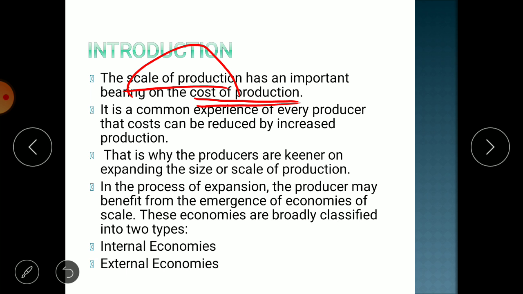So what is the crux of this discussion? When you are producing more, your per unit cost of production is decreasing. I am not saying total cost of production is decreasing. It will definitely increase when you increase your production, but your per unit cost will reduce. Why? Take an example. Suppose you want to produce one unit only, and for one unit you need to purchase raw material and you need to hire the labor.